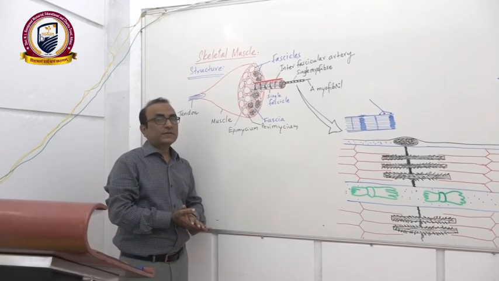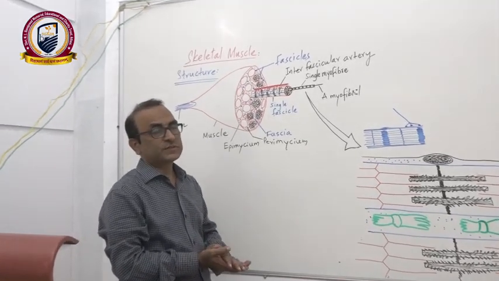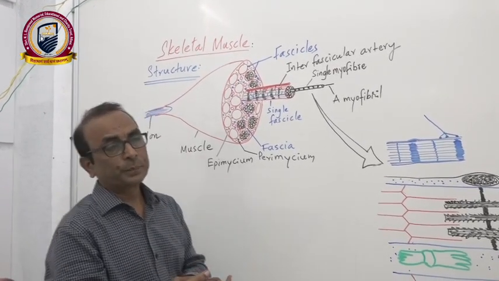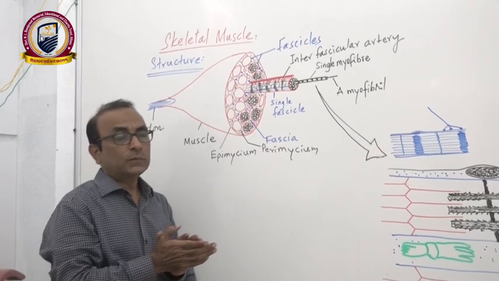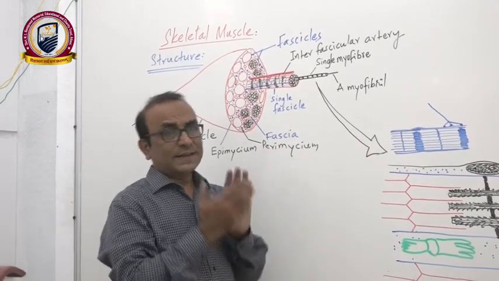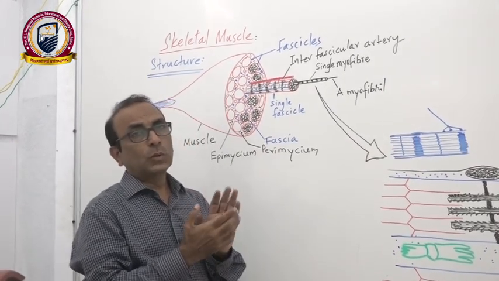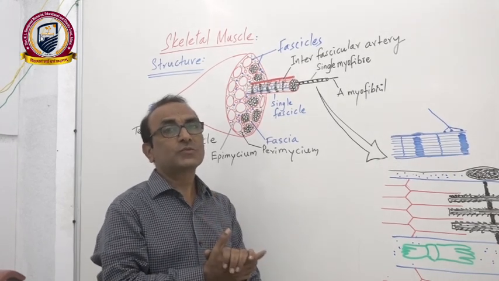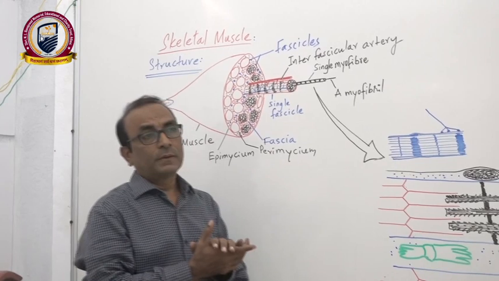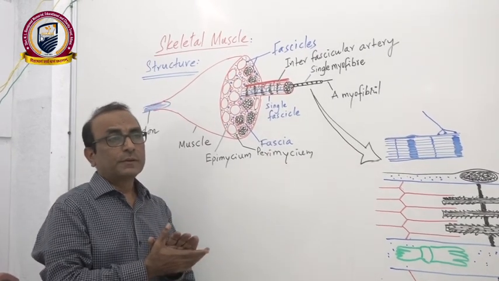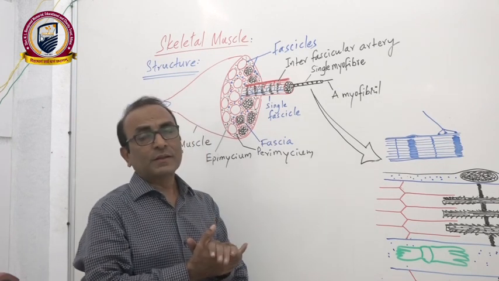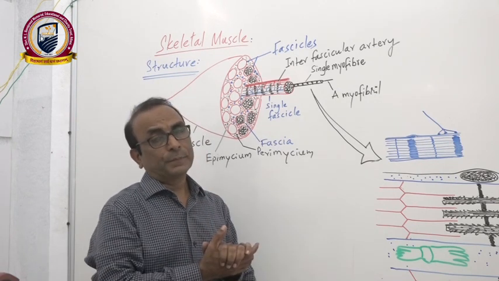So we have seen the differences between three types of muscles: skeletal muscle, visceral muscle, and cardiac muscle. One more difference, let me tell you, is that the skeletal muscle undergoes fatigue. Even visceral muscles or smooth muscles also undergo fatigue. Fatigue means they no more respond further to the stimuli.